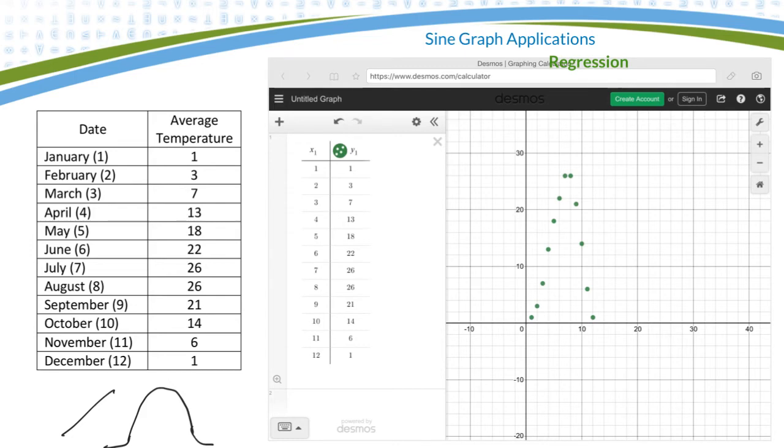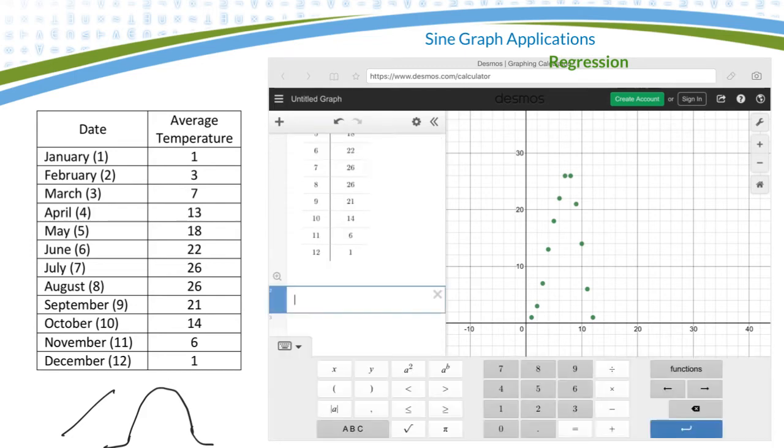So if I want to check that out, I just come here and let's add a new expression. And I'm going to type the general sinusoidal function.